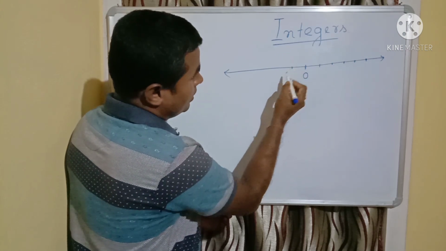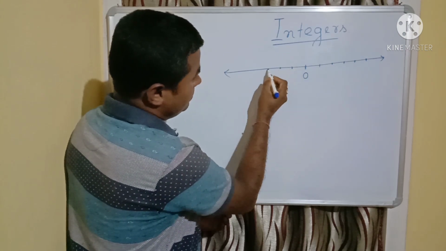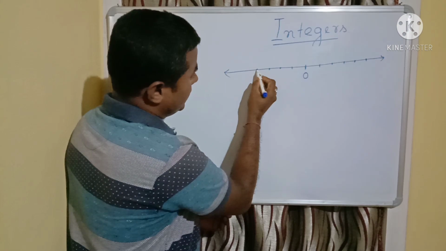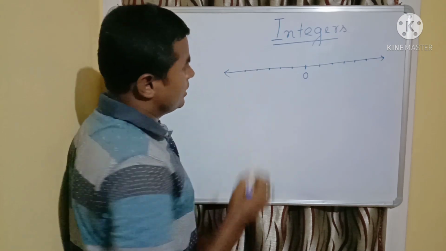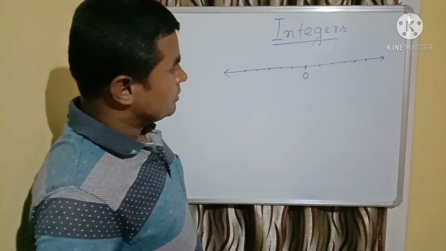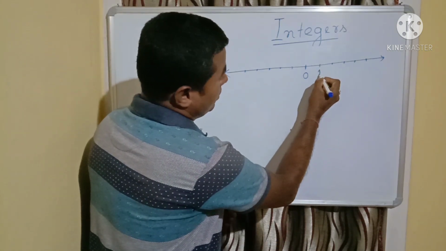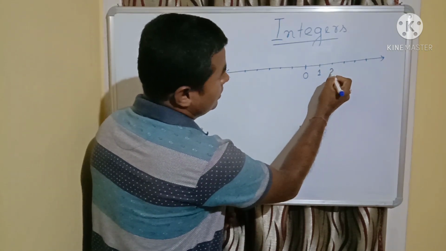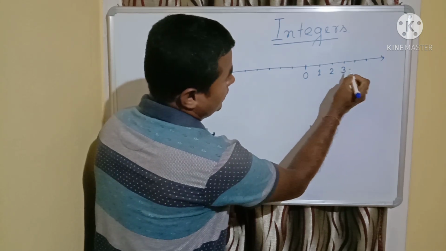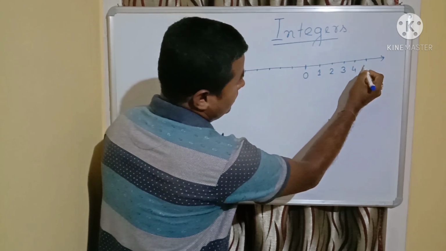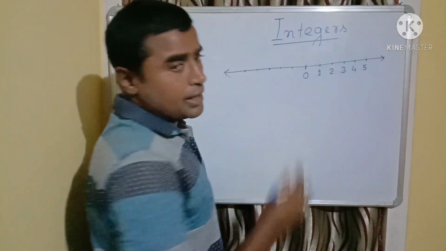Now on the right side the whole numbers are placed: 1, 2, 3, 4, 5, etc.